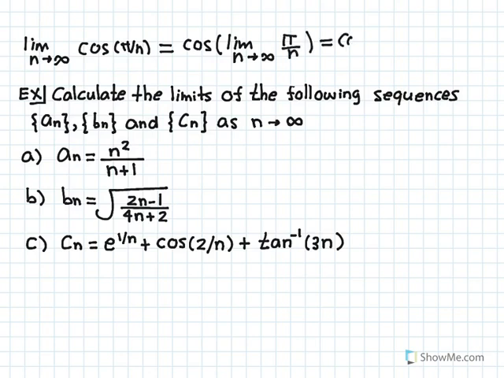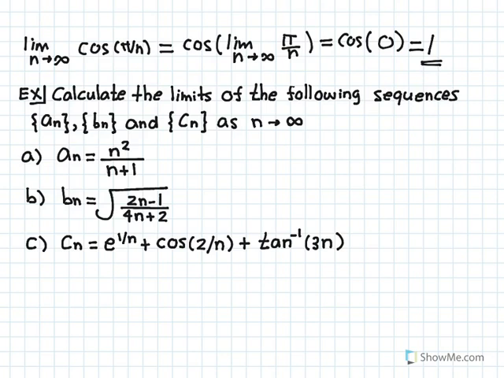What is the limit as n goes to infinity of pi divided by n? Well, the denominator just grows to infinity. We get pi over infinity. The result is 0. And cosine is continuous at 0, so cos of 0 is equal to 1. This is the limit of the sequence cosine of pi over n. So the sequence converges to 1.